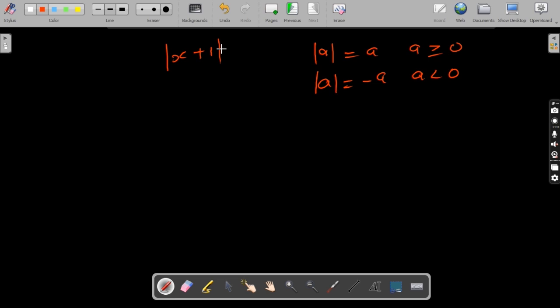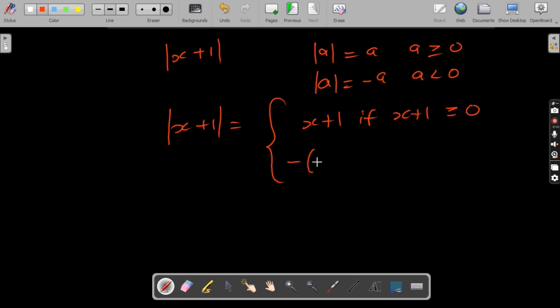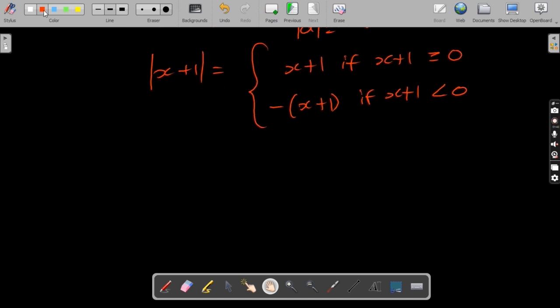So the absolute value of this x plus 1 will be x plus 1 if x plus 1 is greater or equal to 0, or it will be the negated version of this if that same x plus 1 is less than 0.